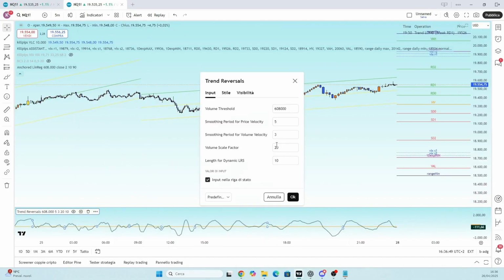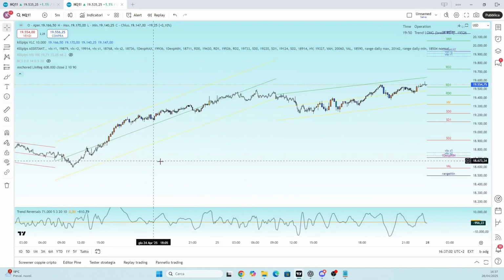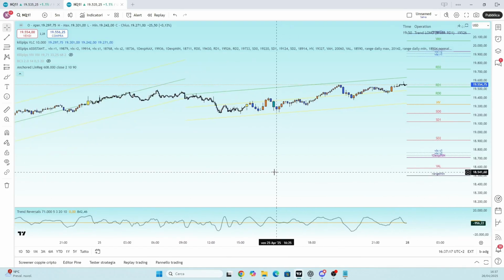But in this case, for how I wanted to show you the way to take advantage of it, we set it to 71,000, the first value that you find at the end of the string, to have this shorter reaction. Here, in the legend, you obviously have the value of the regression, whether it is above or below zero, the dark one in this case. At this moment, since the market is closed, the closure had become negative again.